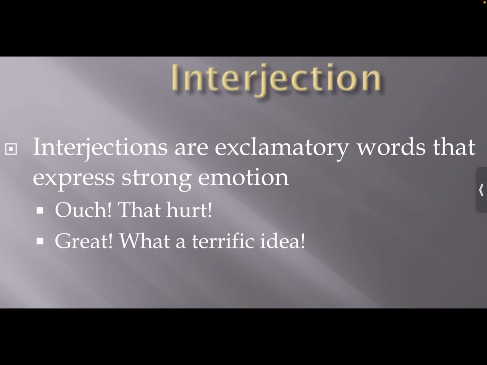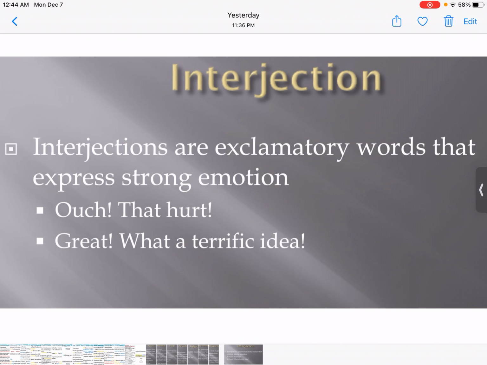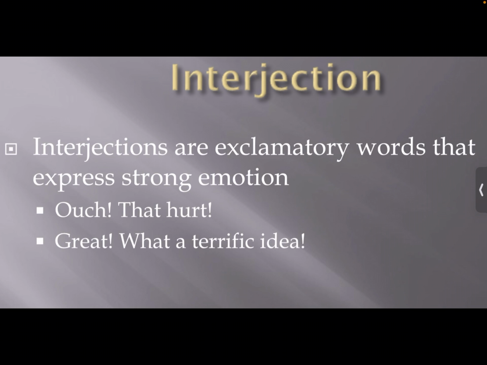So, an interjection is not grammatically related to any part of a sentence. Interjections are by themselves. Like, for instance, ouch. Ouch here is an interjection. It doesn't need any word after it, and this ouch is an expression, a sudden expression.